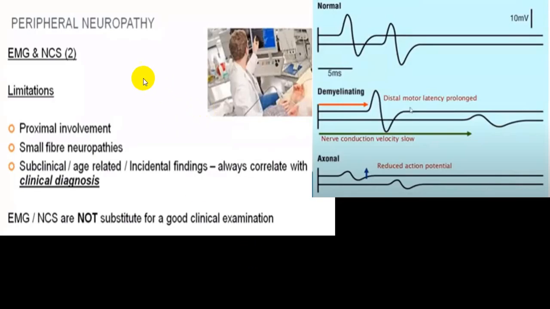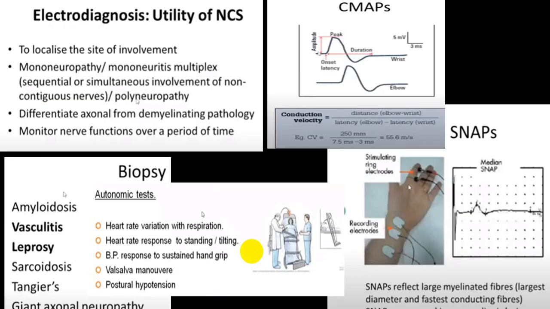There are certain limitations because with proximal involvement, small fiber involvement, subclinical involvement, you might find little problems. I am not going into detail. Even I find difficulty in these groups. So nerve conduction study and biopsy are important in certain groups.